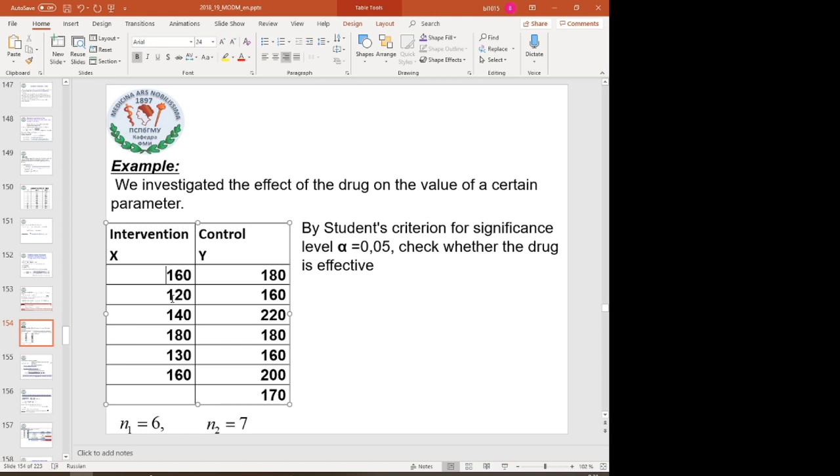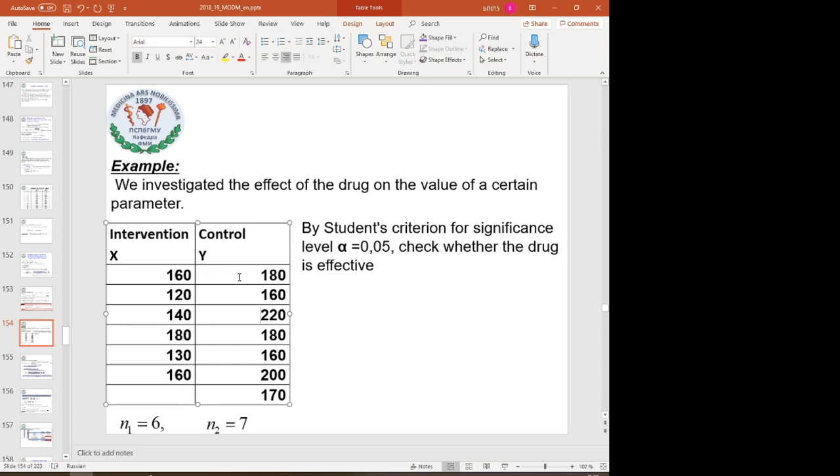It has a minimum of 120 and maximum 180, and here minimum we have 160 and maximum 220. Maybe this is critical systolic pressure, for example, and our drug decreases the systolic arterial pressure.